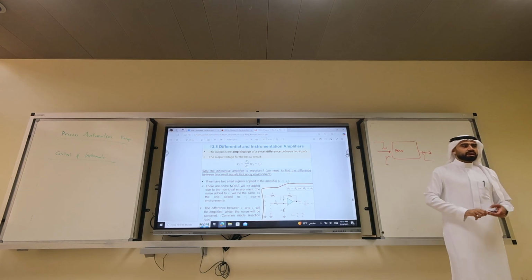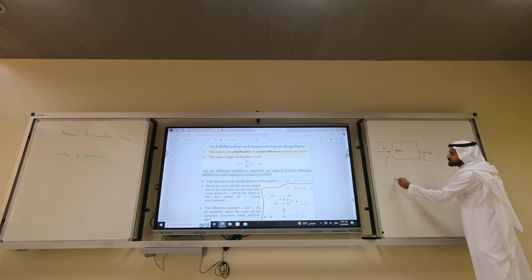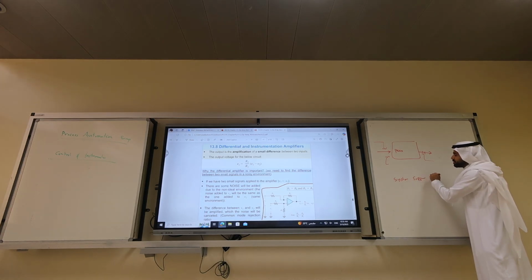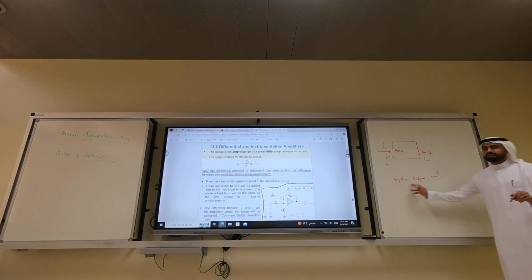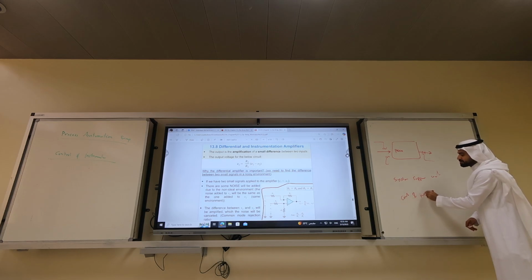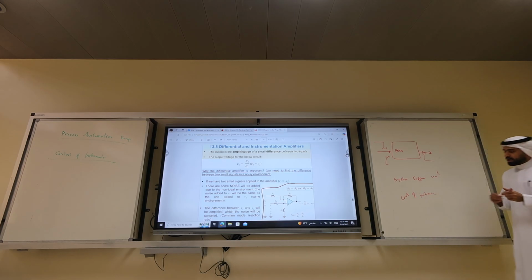When I joined them, I joined a group called System Support Unit. And again, this is another fancy way of saying control and instrumentation. In this group, we had mechanical, chemical, electrical, and software engineers working together in one group.